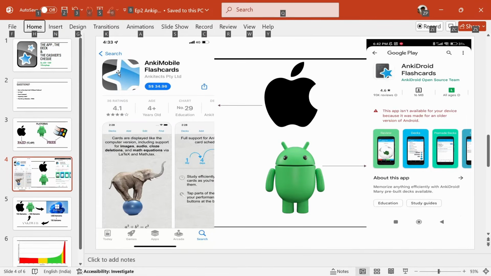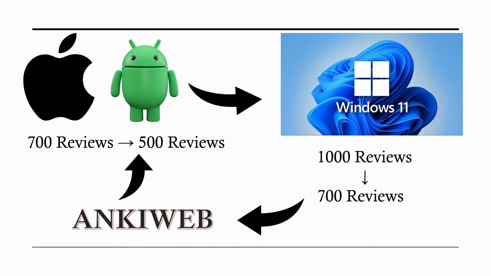The sync feature is actually this. Now let's say you have two devices. One is a Windows device, and the other one is an iOS or an Android device. Now let's say you're an intern preparing for NEET PG, and you wake up and decide, I have 1,000 reviews today, and I'll finish, let's say, 300 reviews before going for my duty.